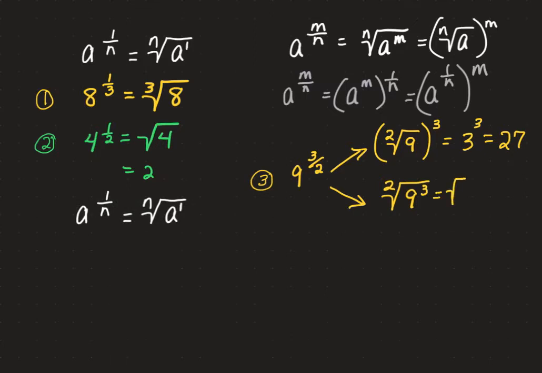Cubing 9 to get 729 takes a little more effort, and then the square root of that, oh yeah, I'm going to the calculator to get 27. Either way, you get to the right answer. It just so happens that this configuration seems to be a little easier to me.